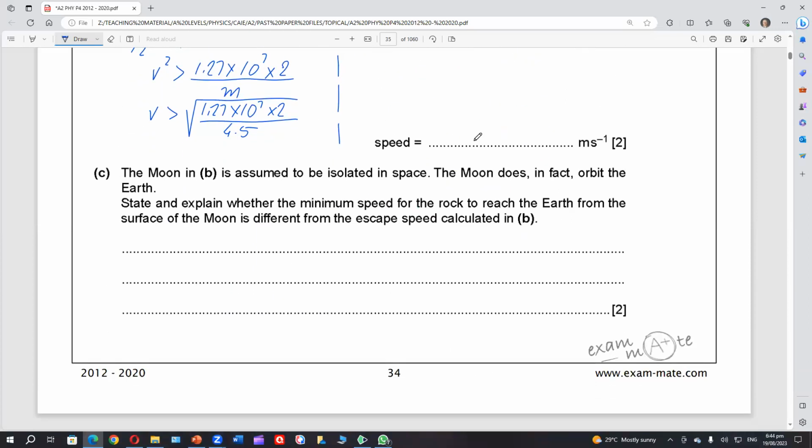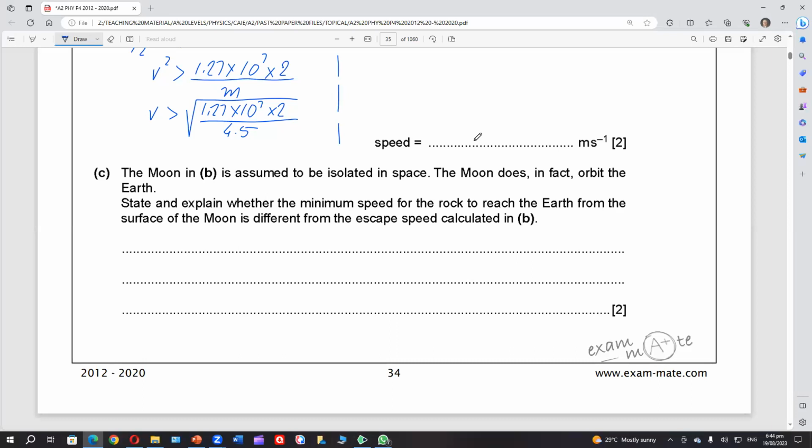The moon in part B is assumed to be isolated in space. The moon does in fact orbit the earth. State and explain whether the minimum speed for the rock to reach the earth from the surface of the moon is different from the escape speed calculated in B. So in reality, moon is not isolated.